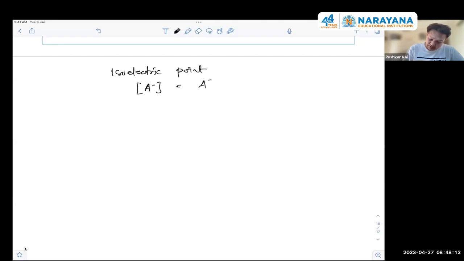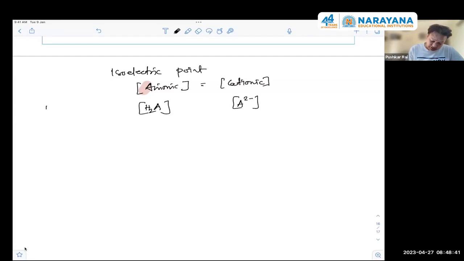Let me write it: anionic form is equal to cationic form. Exactly equal, okay? So what is cationic and anionic form in the amino acid? In the amino acid, you very well know, that means H2A must be equal to A2 negative.